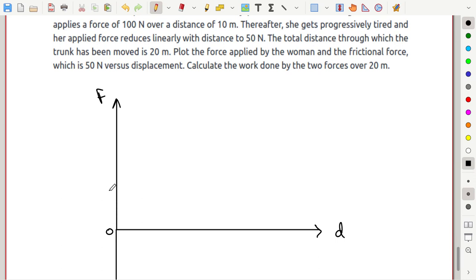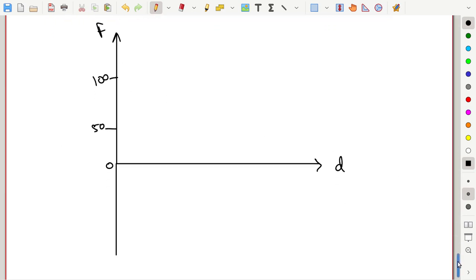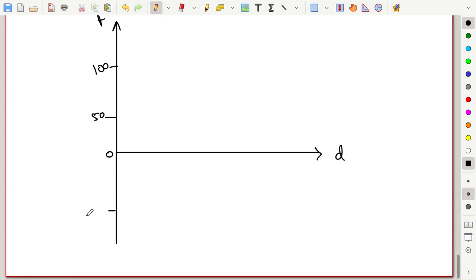So it's 0, and you have 50 newtons, and here we can put 100 newtons, the initial force. Also there is a minus 50 newton here. This is the frictional force.